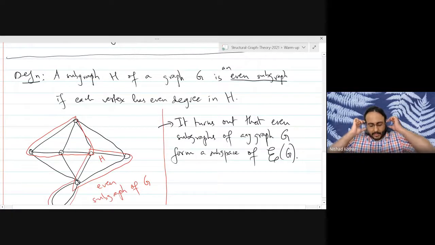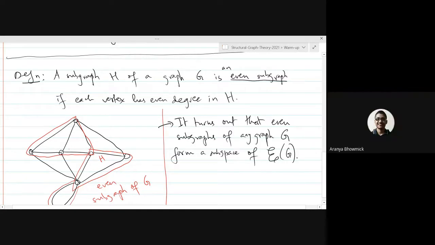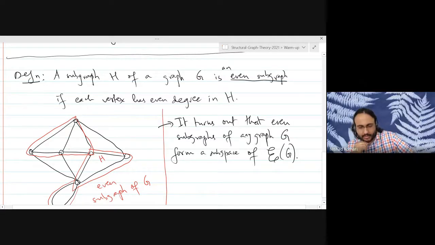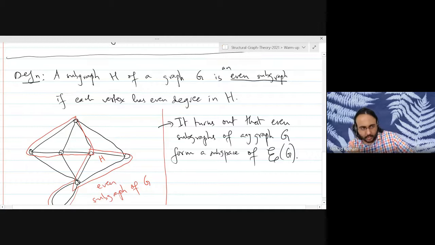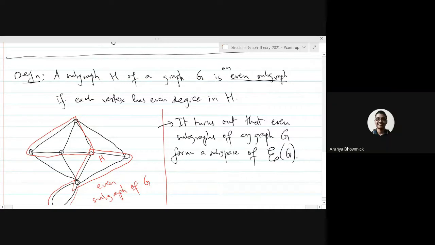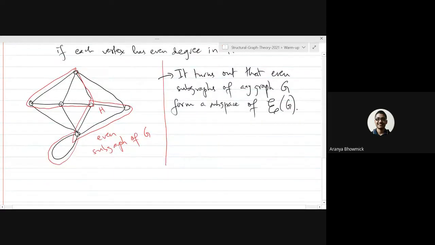Can anybody tell me what are the important ingredients we need to show that a particular set of vectors is a subspace of the given space? Sir, I think we can prove this by parity argument. Okay, but sure. But before that, can someone tell me what are the main ingredients to show that a certain set of vectors is a subspace? They should follow the closure property. Closure property. Okay, good. Any other property? It should be closed under scalar multiplication as well as addition of vectors.